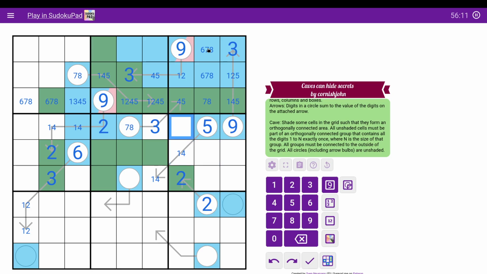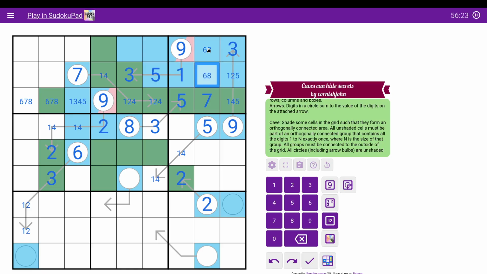So it is 2. 1, 5, 5, 7, 8, 7. This is not looking like a fail route.